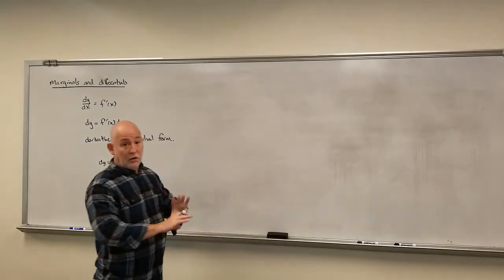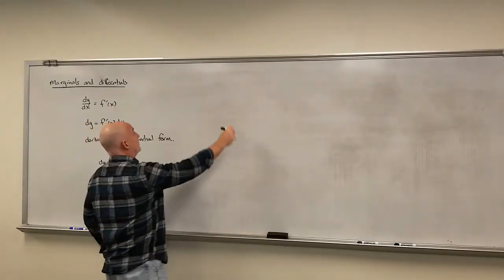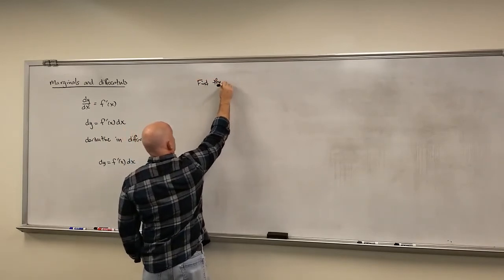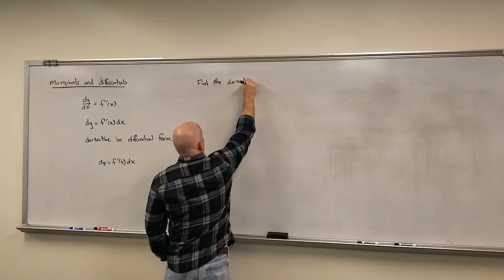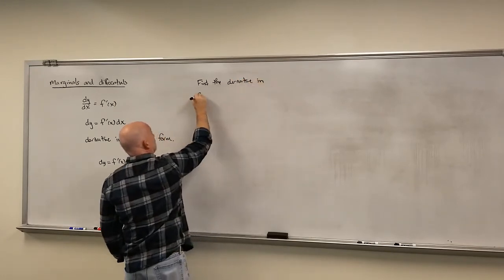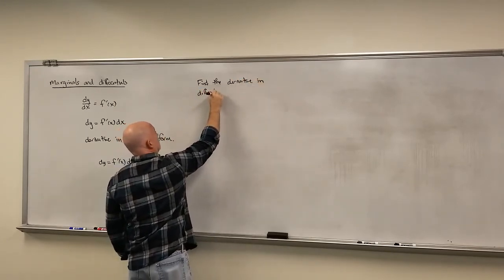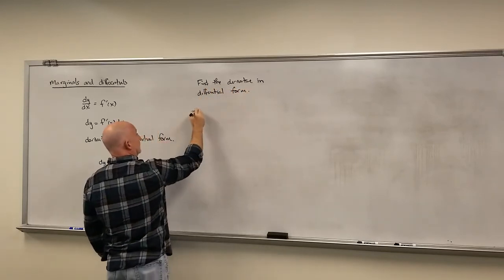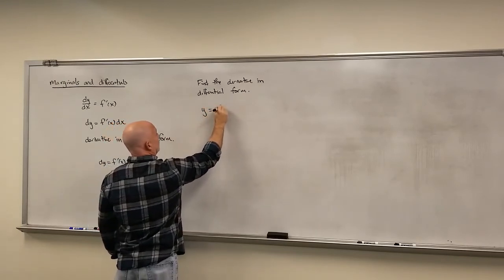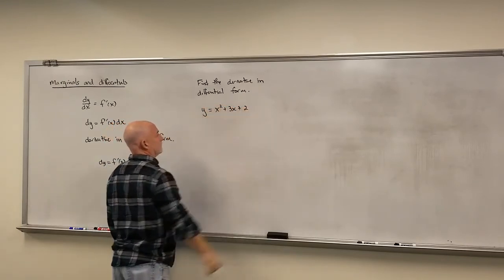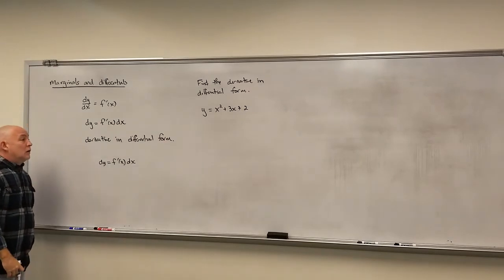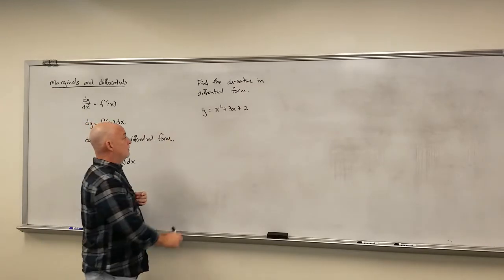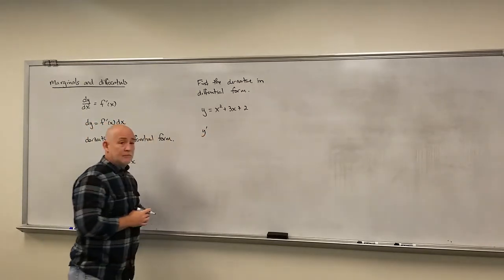The good news is our rules don't change at all. So if I said, find the derivative in differential form, and I have y is equal to x squared plus 3x plus 2. On this side, we generally would have written something like y prime.